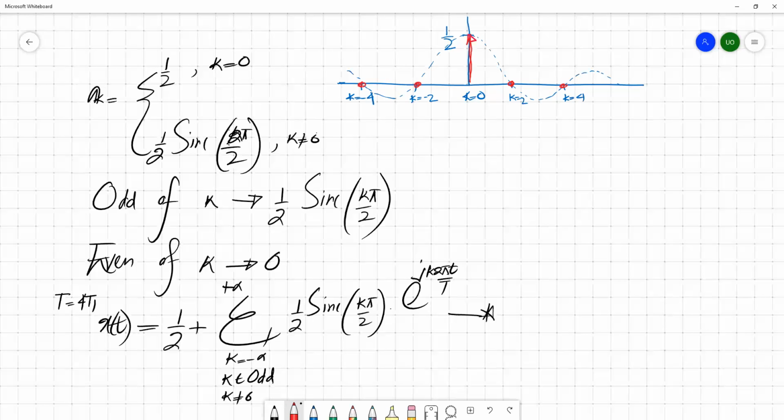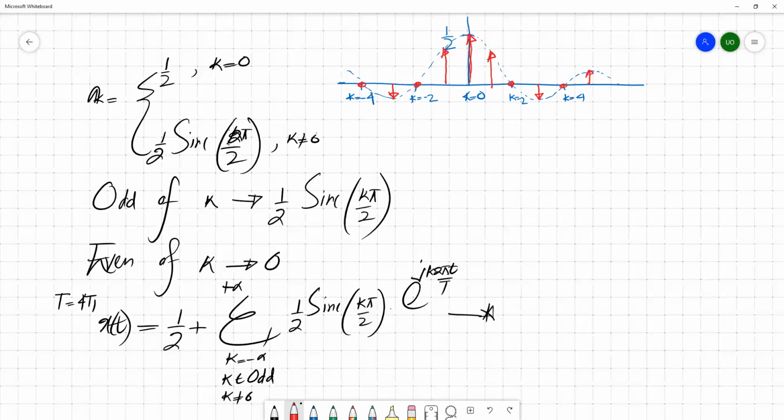So for the odd values of k, the magnitude of a_k is simply the value of half sinc of k pi over 2. Which means for k equals 1 we have this, k equals 3 we have this, k equals 5 we have this, minus 1 this, minus 3 like this.